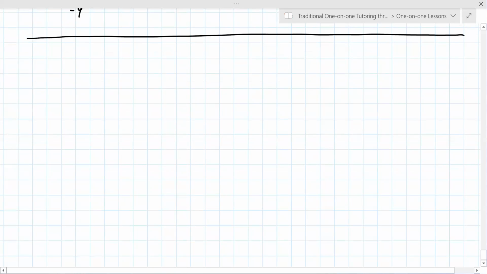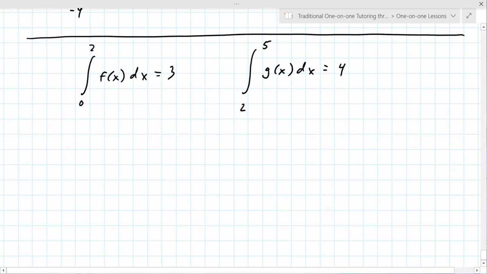Okay, so let's try a couple problems here. See if you can do this. The integral from 0 to 2 of f of x dx equals 3. The integral from 2 to 5 of g of x dx equals 4, and f of x is even, g of x is odd. I could ask you a bunch of questions.